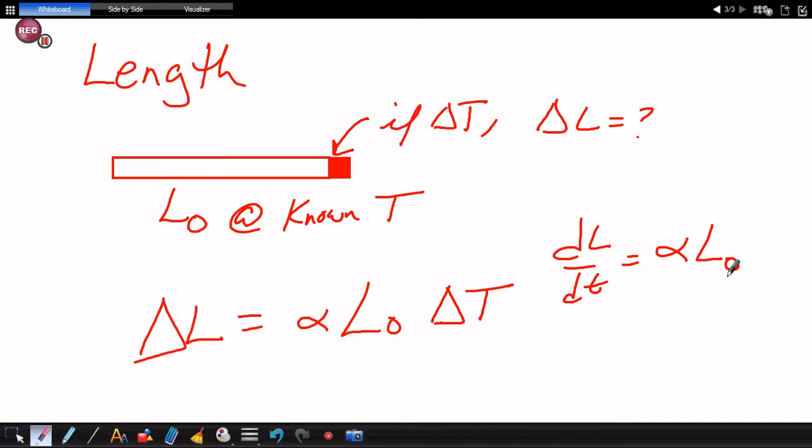So the trick here is, where do we get our alphas? We have this thing, and we need to define that somewhere. And the way we do that is by looking it up. We've done this measurement a bunch.